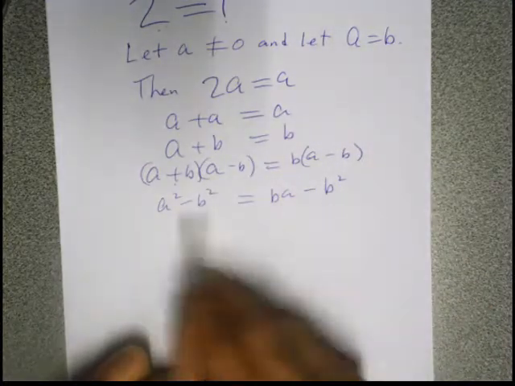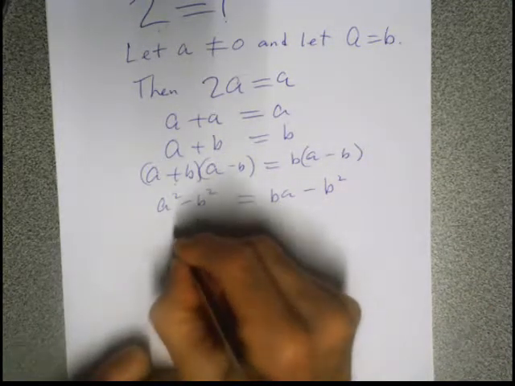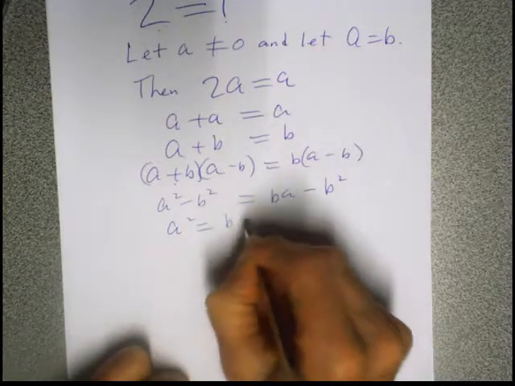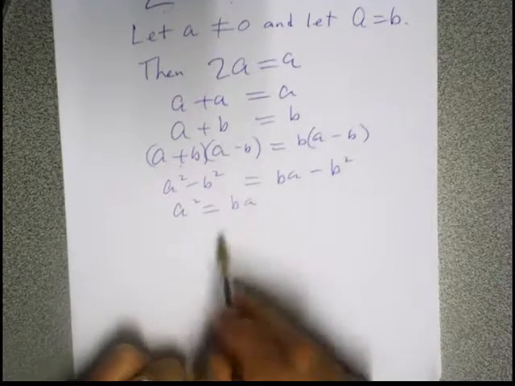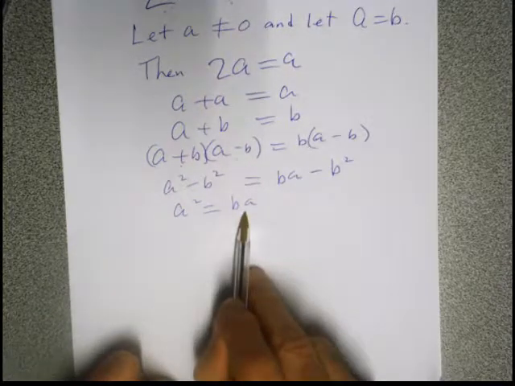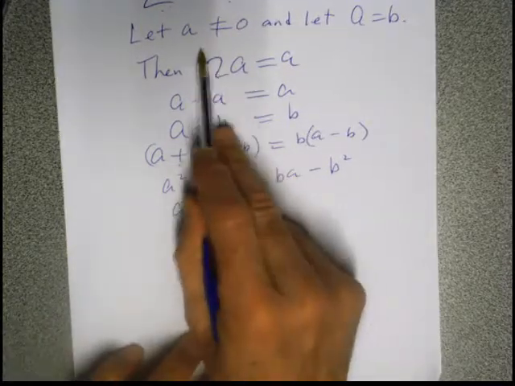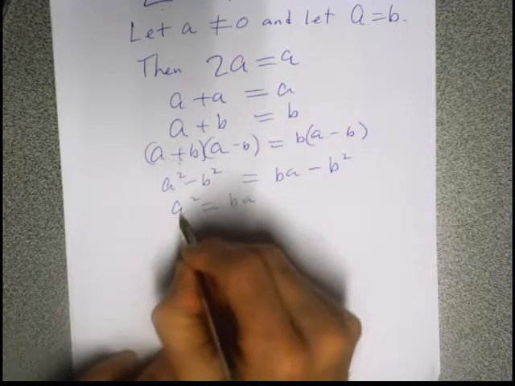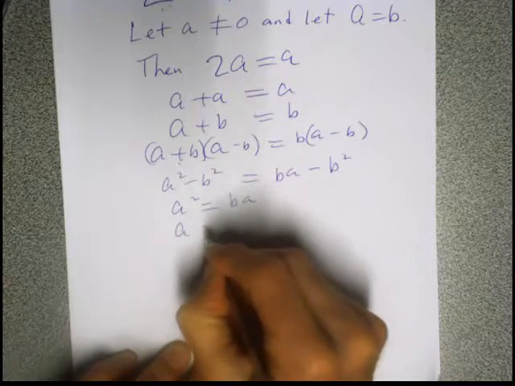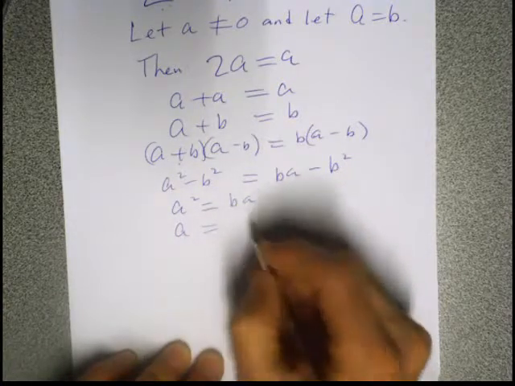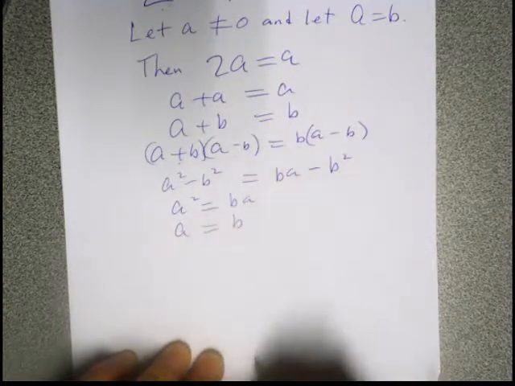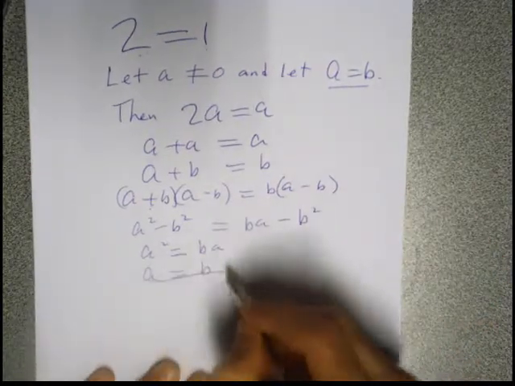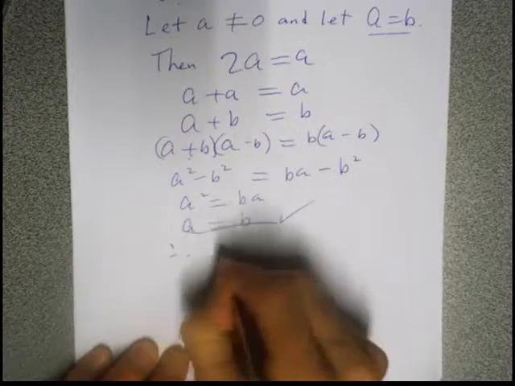If I then add b squared to both sides, I get a squared equals ab. And then if I divide both sides by a, and I can do that since a is not 0, that'll give me a squared over a, which is a, and that's equal to ab divided by a, which is b. Oh, that's true. a was equal to b. Therefore, 2 equals 1.